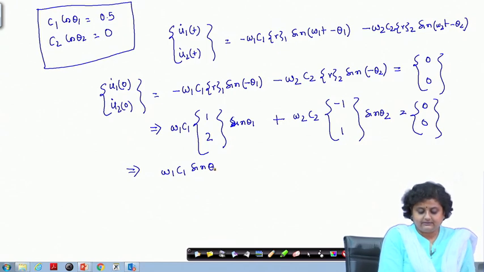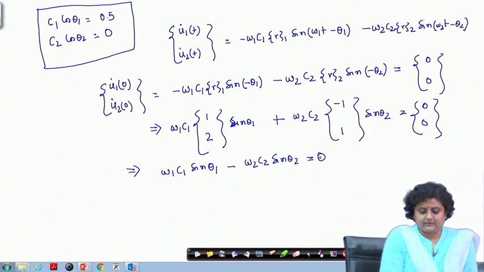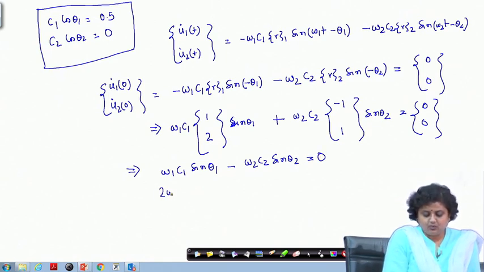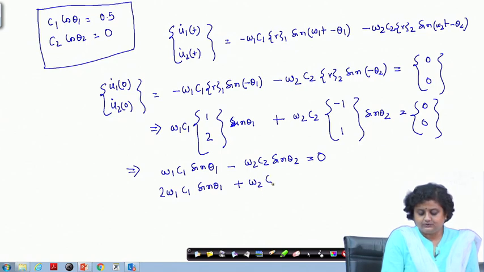So, I have sine theta 1 plus omega 2 C2 sine theta 2 is equal to 0. And the other equation is 2 omega 1 C1 sine theta 1 plus omega 2 C2 sine theta 2 is equal to 0.